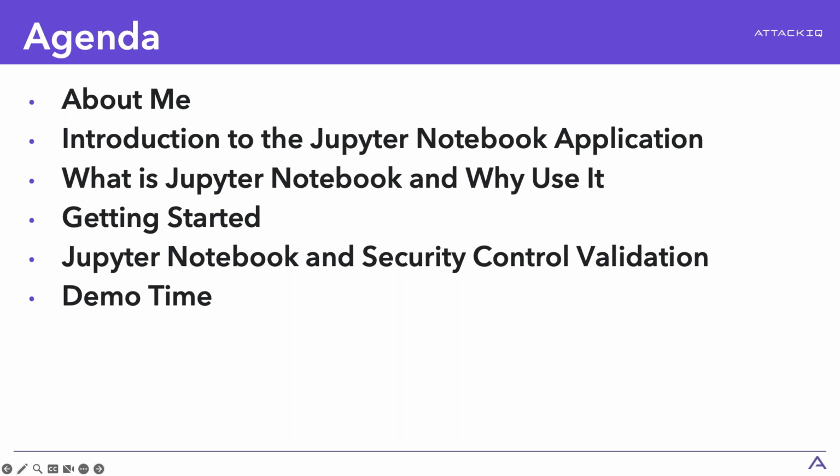I'm going to give you some pointers on how to get started and really illustrate how you can use Jupyter Notebooks in the context of security control validation. And then I'm going to jump into the platform itself and show you how you can leverage the Jupyter Notebook application to do all sorts of neat things, play with data, come up with graphs, really use the power of Jupyter Notebooks to come up with your own reporting, your own dashboards, and really leverage the data.